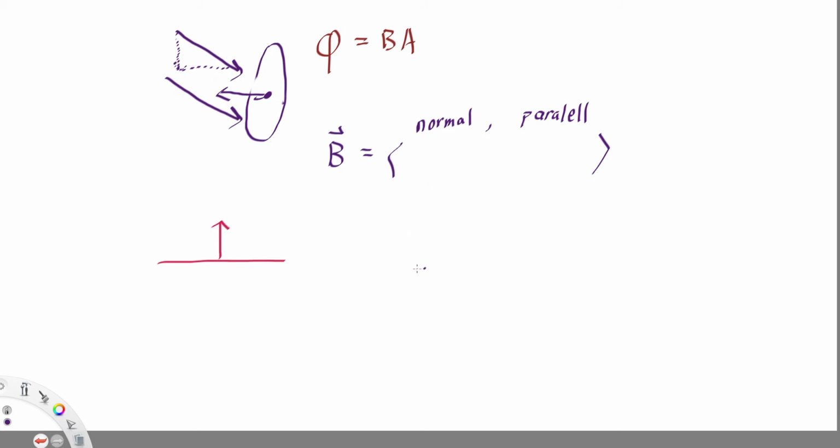Let me draw in here. So pretend this is the normal vector of our surface, and this is the B field that's coming in. By convention, the angle that we're concerned with here is this angle theta, between the normal vector of the surface and the B field.